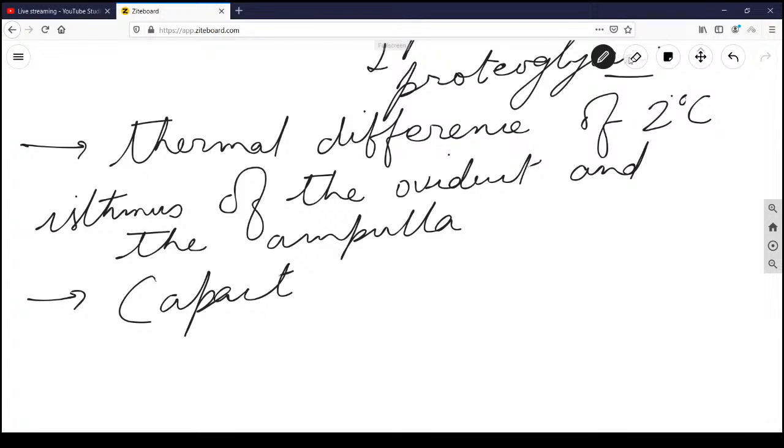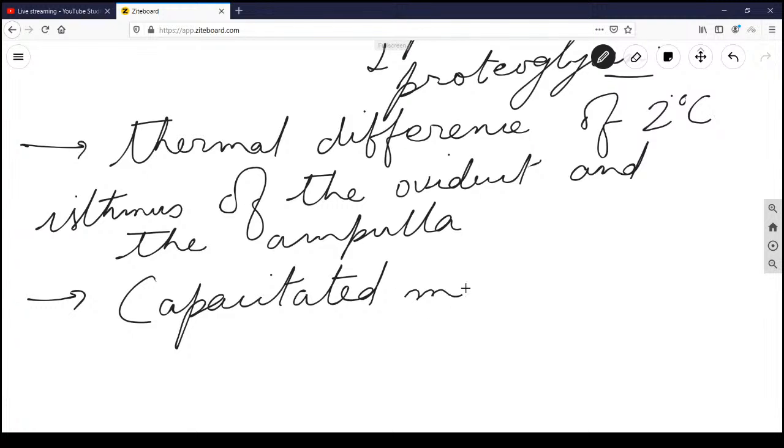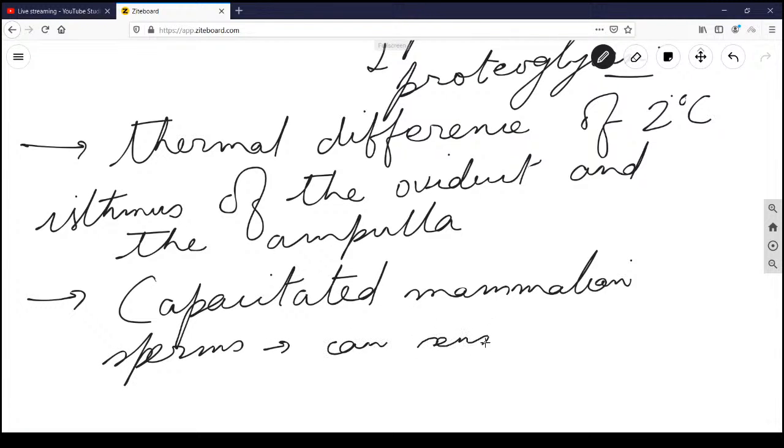0.014 degrees Celsius. Capacitated mammalian sperm can sense a thermal difference of 0.014 degrees Celsius.